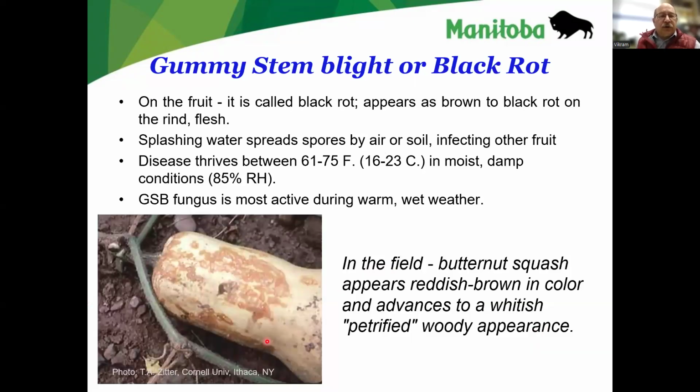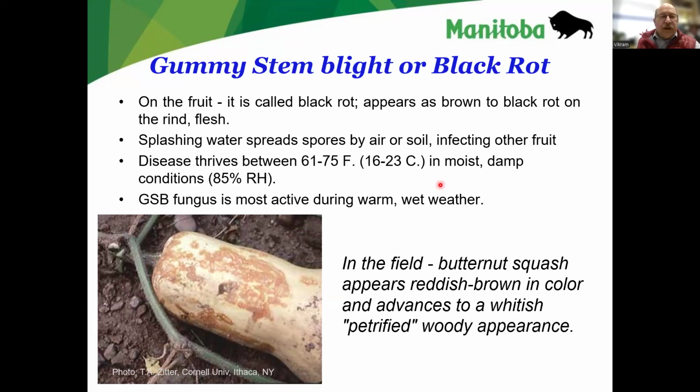On the fruits, they can develop dark brown and sometimes black blotches, and it would be called black rot in many places. So splashing water is what spreads the disease. Warm conditions are very favorable.